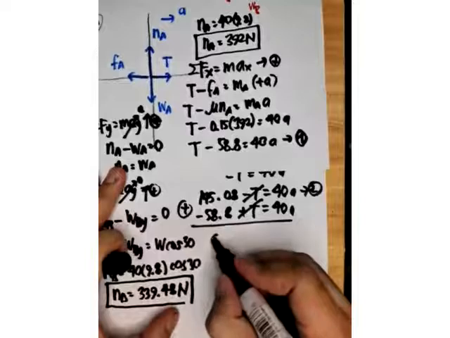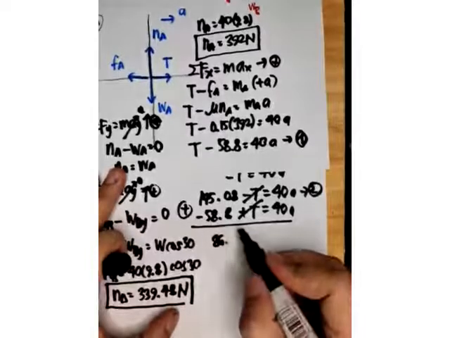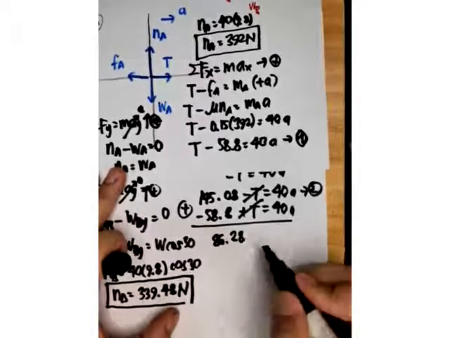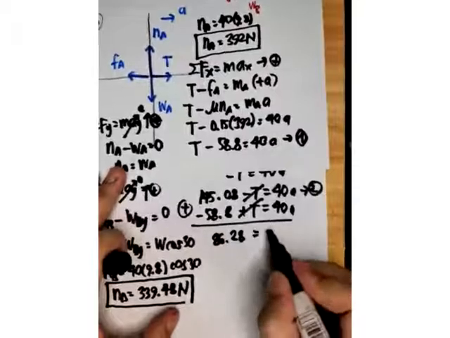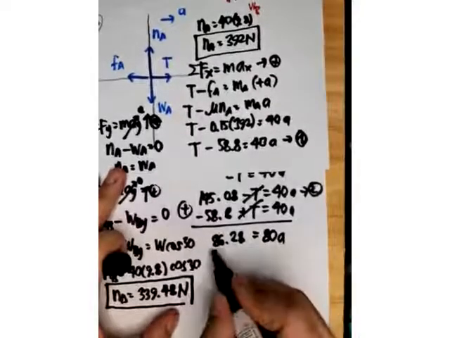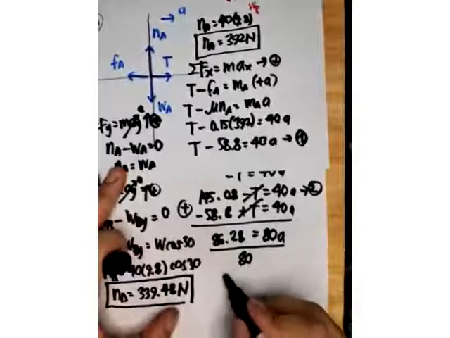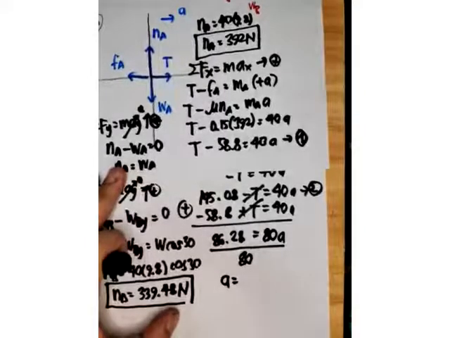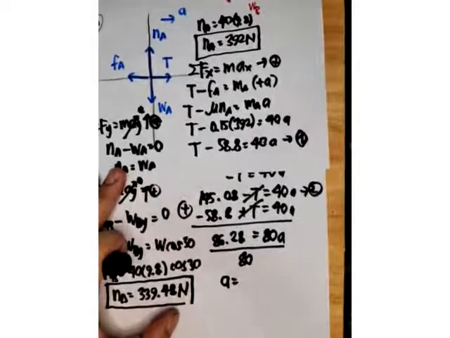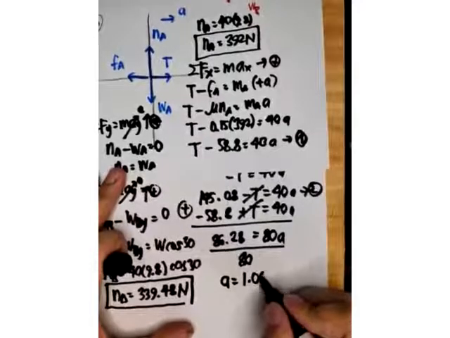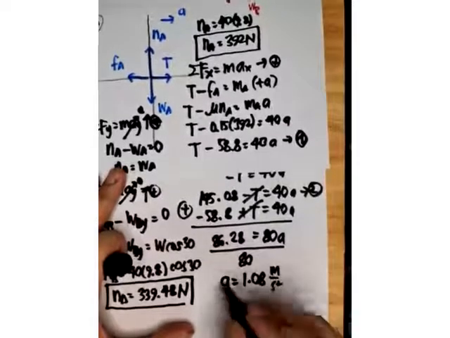So that's 86.28 is equal to 80a. So divide natin to ng 80. So the acceleration is 1.08 meters per second squared.